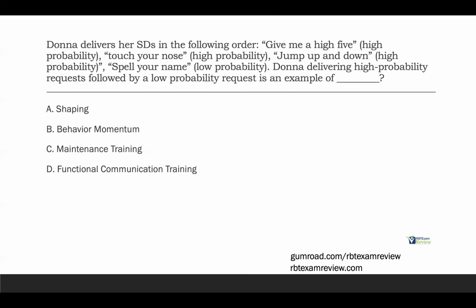Remember, even when you find what you think is the right answer early, always read your answer choices. See, maintenance training? No, we're not training maintenance or anything. We have a bunch of different responses going on. And then functional communication training. Again, we're not training functional communication. We are simply trying to evoke your client spelling their name using behavior momentum.